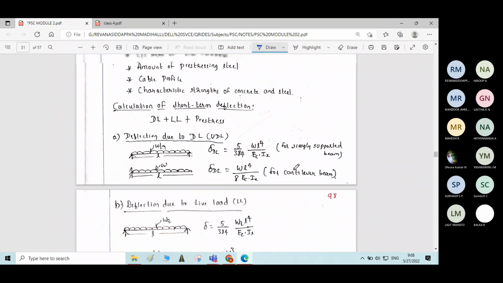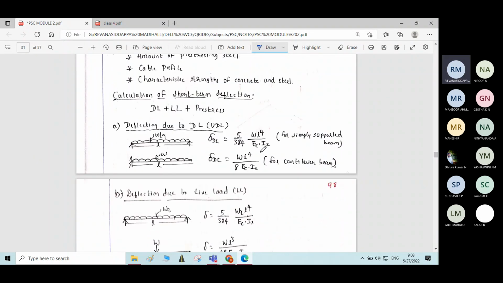Then coming to the calculation of short-term deflection, if you take deflection of any pre-stressed concrete beam, there will be three kinds of deflection. One is deflection due to dead load.